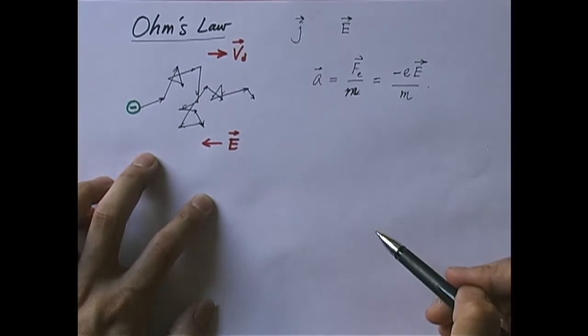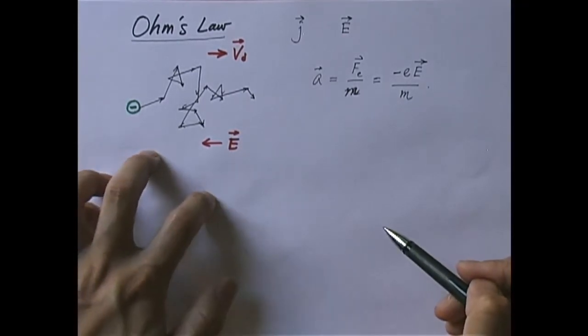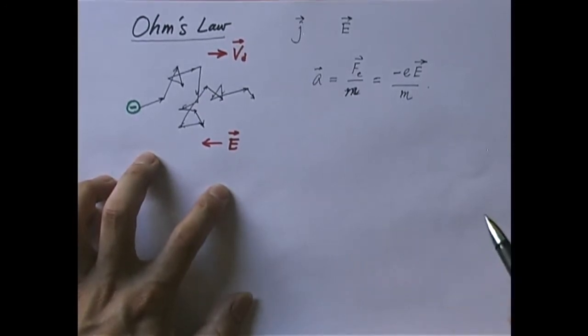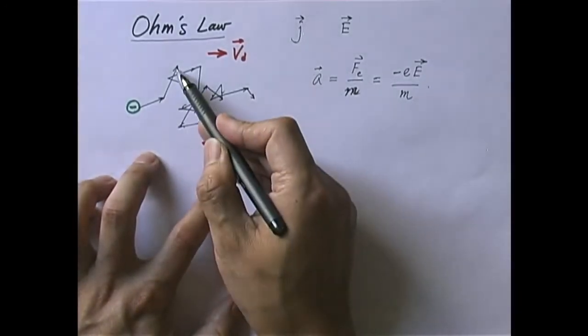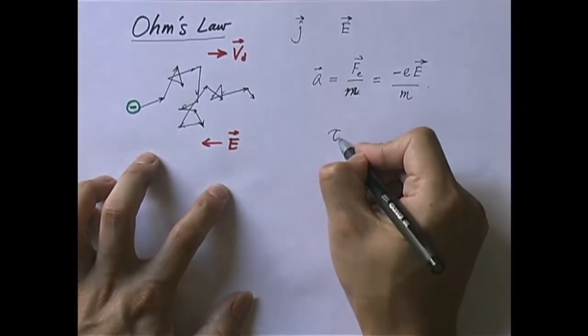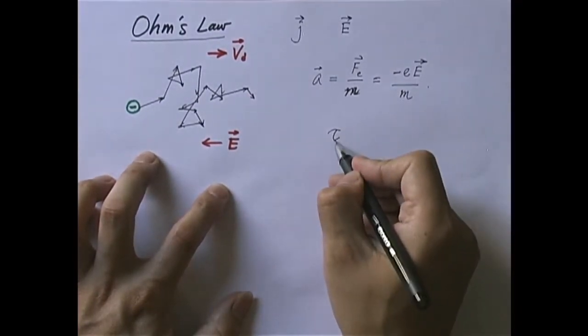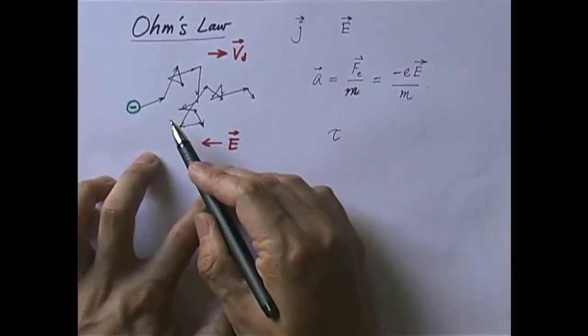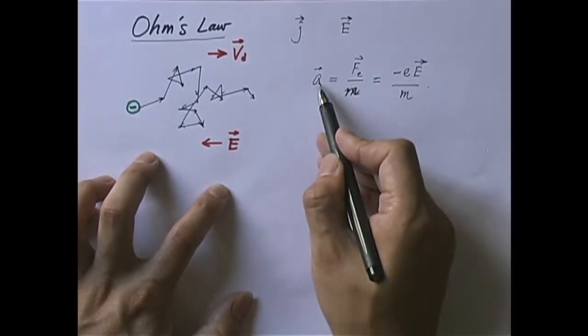Don't worry about how to calculate it, but there is a way to do that which is out of the scope of this textbook. But let's say the time it takes on average for the electron to move between one collision and the next collision is tau. Then this is the time interval that is available for the electron to accelerate under such an acceleration.